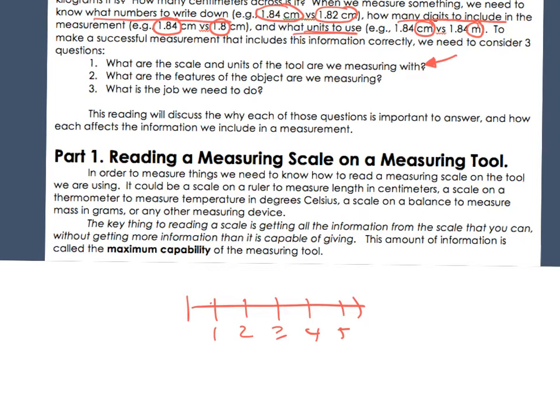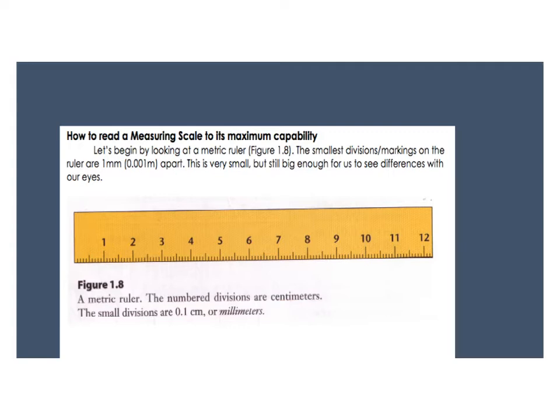When we read a scale, we want to get all of the information from the scale that we can without getting more information than it's capable of giving. That amount of information is called the maximum capability of the measuring tool. We always want to measure to the maximum capability. So how do we do that?